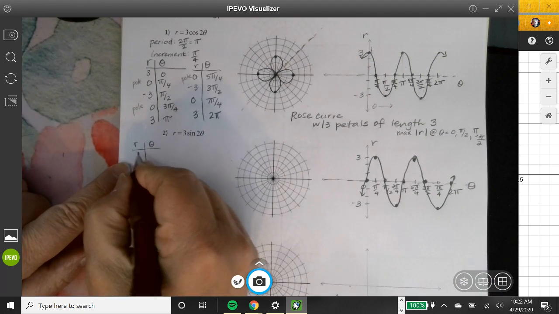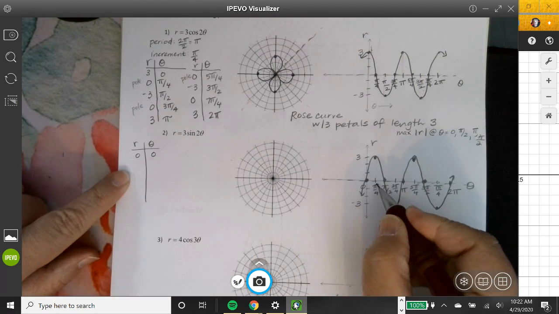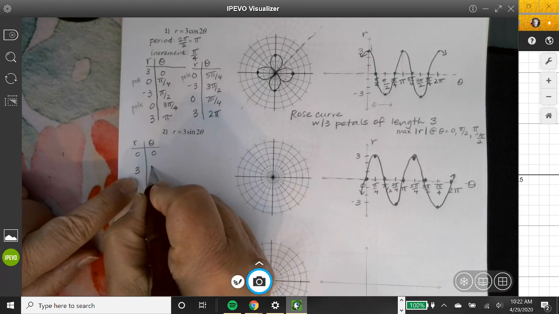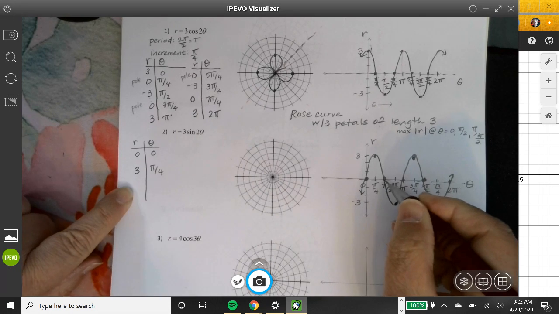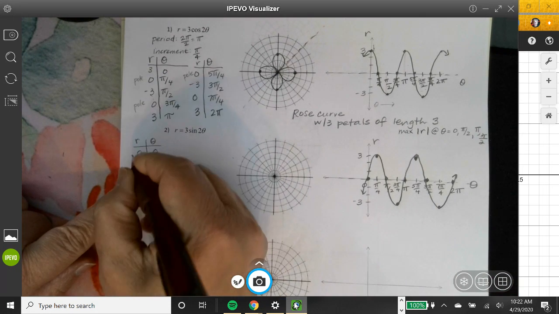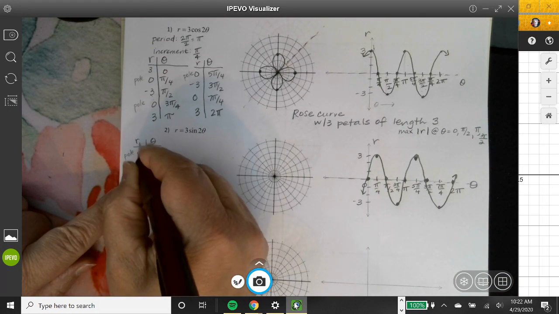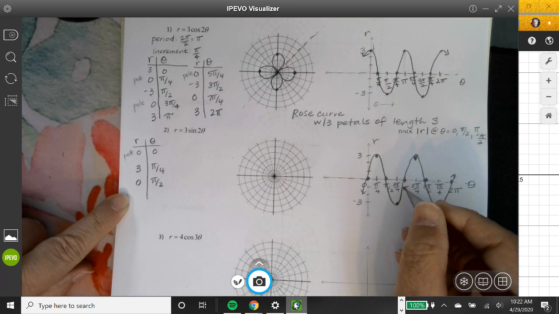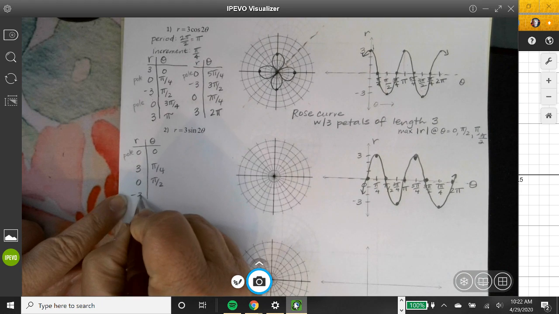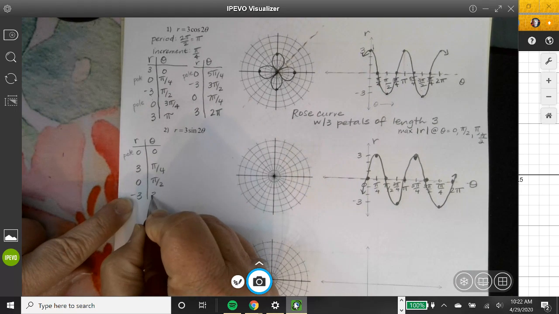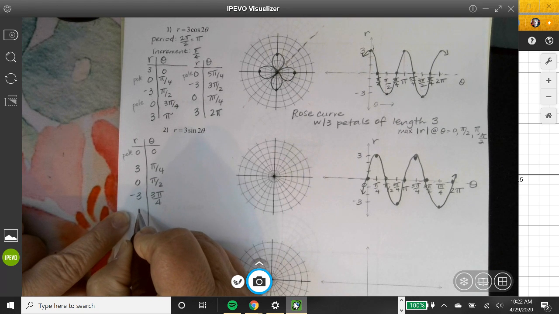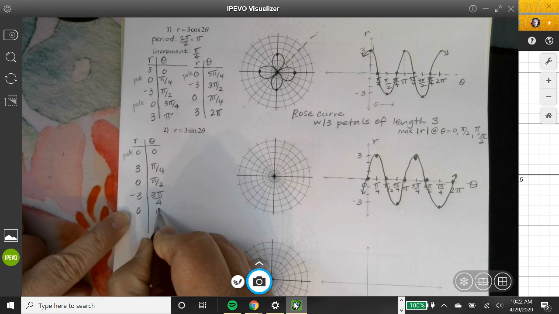So my first polar point is 0, 0. Then I have a radius, an R of 3, and then an angle of pi over 4. And then I go back to the pole. Remembering, when R is 0, you're at the pole. This would be pi over 2. And then I'm at negative 3, 3 pi over 4. Let's keep going here. And we're back at the pole at pi.